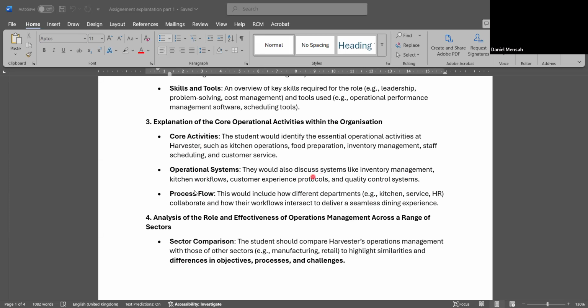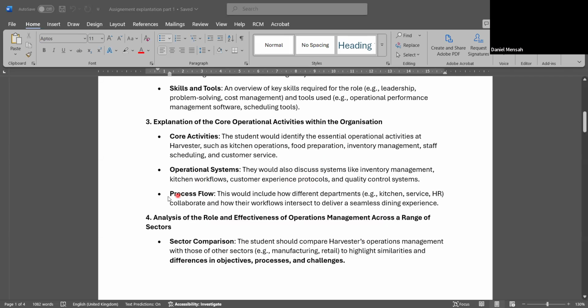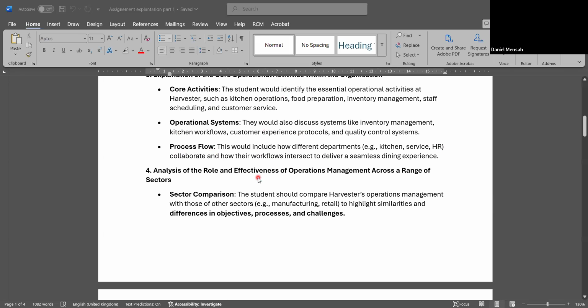You need to include what kind of systems they are using to perform these operational activities, and what kind of workflows are included to perform these core operational activities. So you can include all these points. You need to check what kind of process flow, operational systems, and core activities exist in the Harvester. Okay. So you are doing this assignment for the Harvester organization.